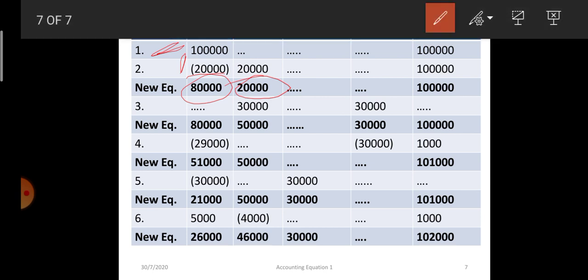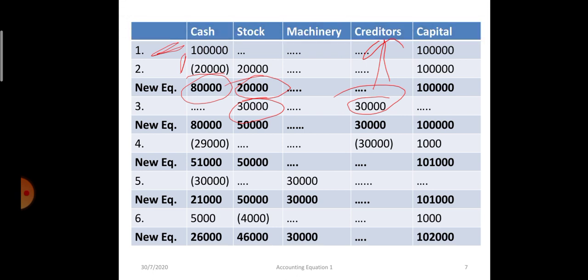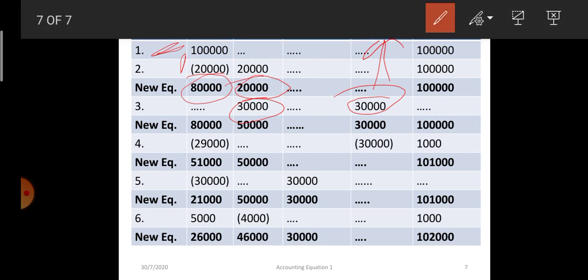Then the new equation says that goods were purchased from Ramesh for 30,000 on credit, so the creditors will increase by 30,000, and stock also increases by 30,000. So the new equation is cash remains unchanged at rupees 80,000.